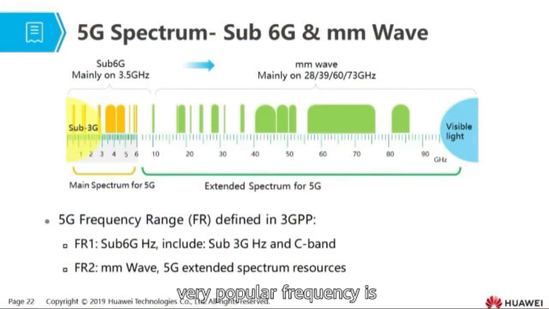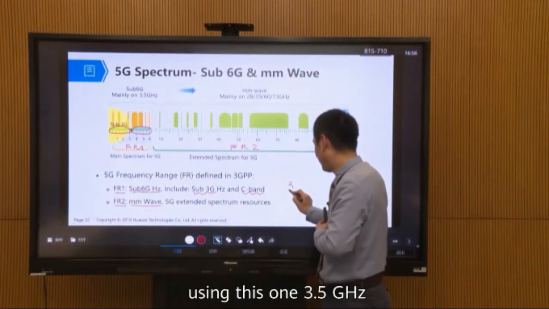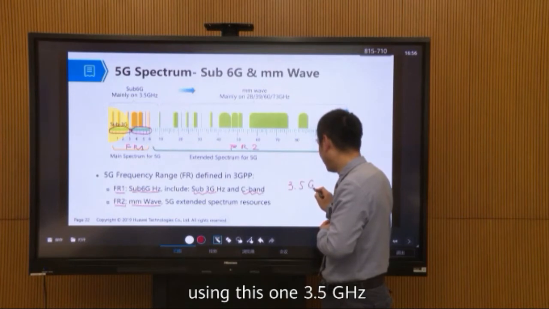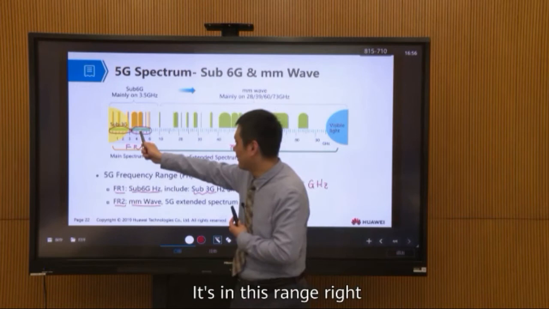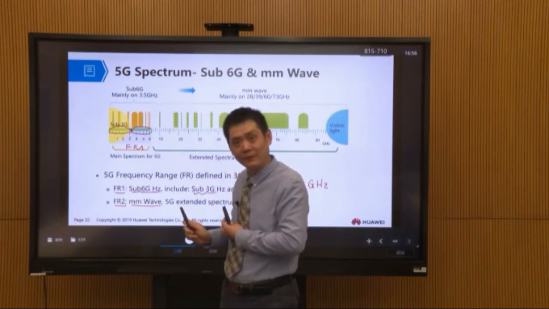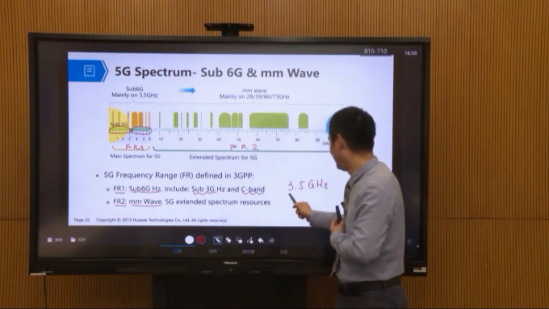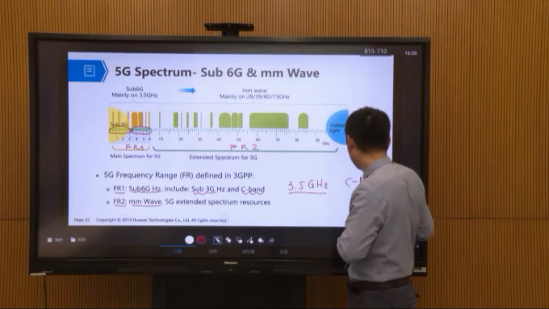A very, very popular frequency is this one, 3.5 gigahertz. It's in this range, right? Between 3 and 6. So it's C-band. Got it? This is C-band.